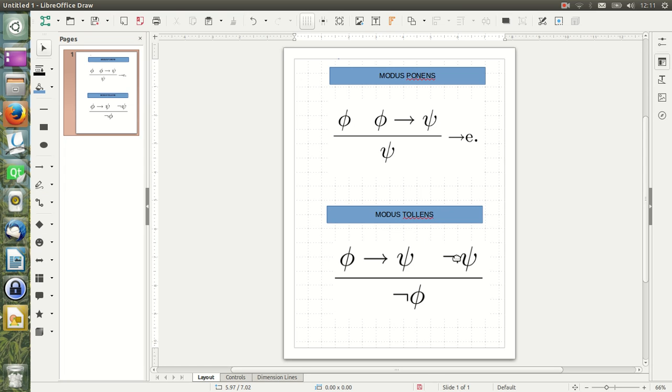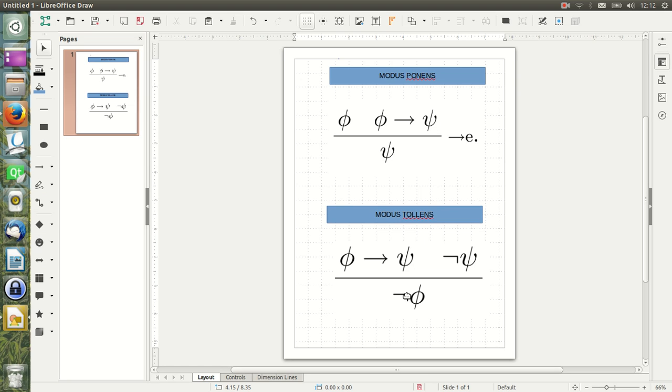Then we might infer that phi must be false, meaning that the negation of phi is true. So for example, if the combustion is good, then the car works in high revolution, but the car is not working in high revolution, then the combustion is not good.